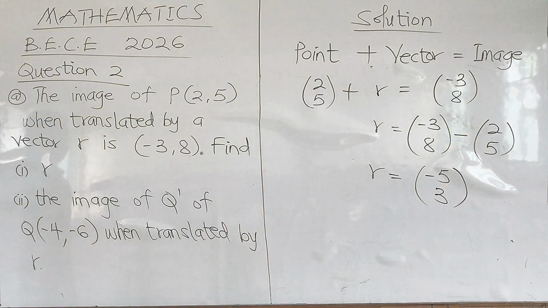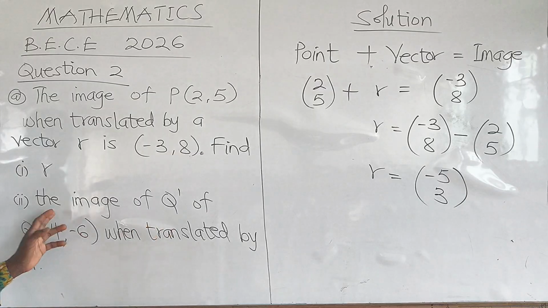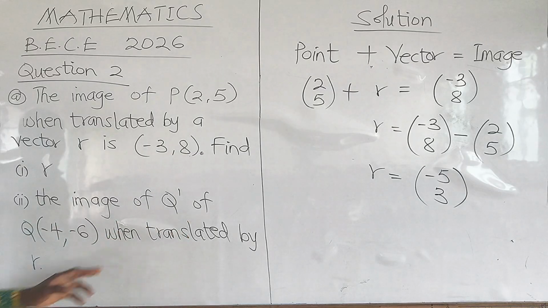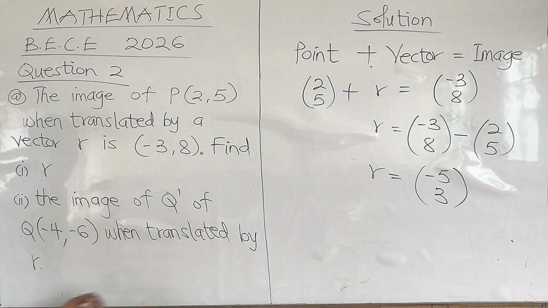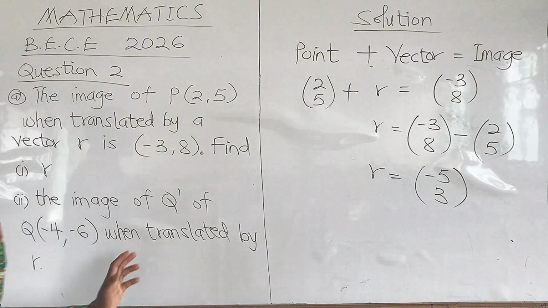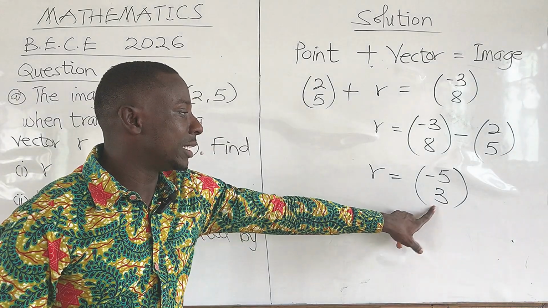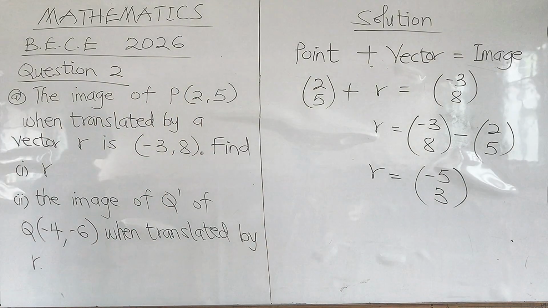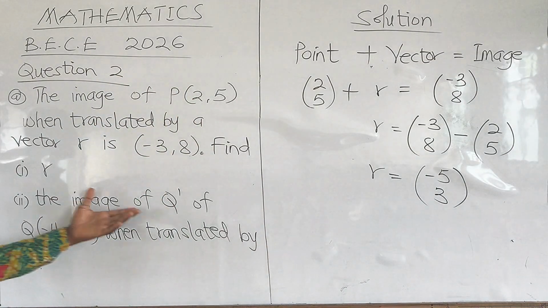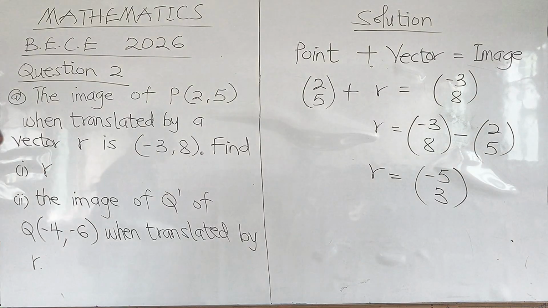Part i is saying that we should find the image of Q prime, of this point, when translated by this vector. So from the i, they have given us the point, and we are going to use the vector, which is the R, for us to get the image of Q prime.